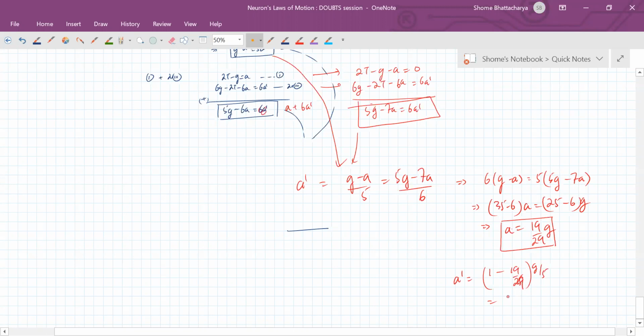So 1 minus 19 by 29 will give us 10 by 29. So this will become 2 by 29 g.